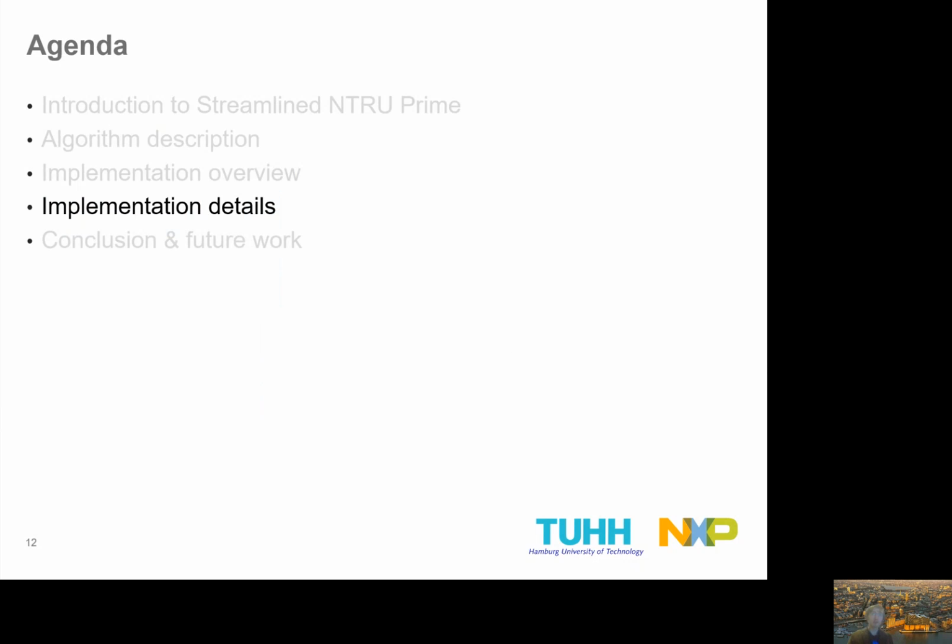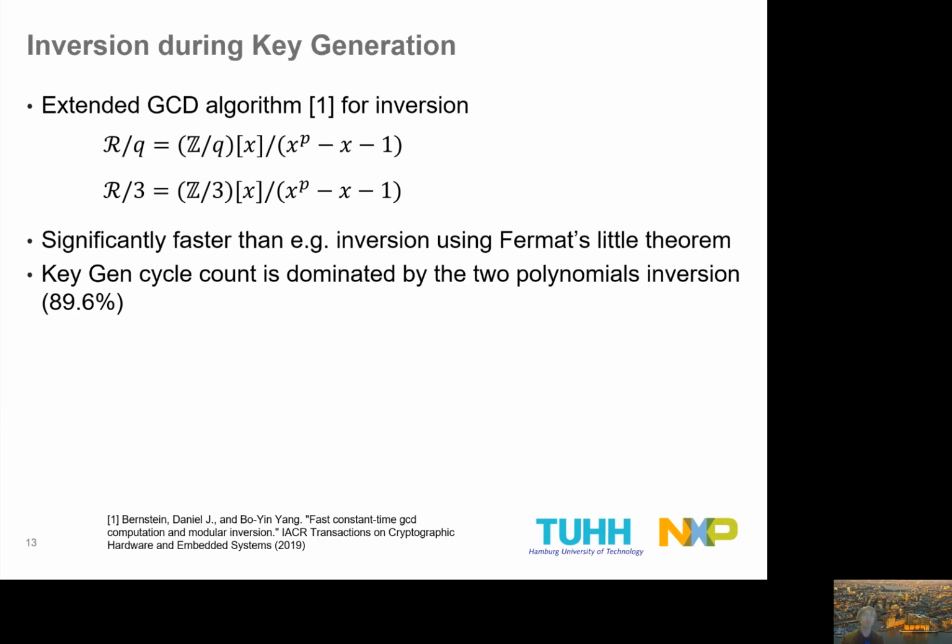So now I'd like to highlight some of the details of the implementation that are noteworthy. For one, the inversion. During the key generation, we have to invert two polynomials, one in R2 and one in R3. For this, the extended GCD algorithm is used. This algorithm was presented by Bernstein and Yang at CHES last year.